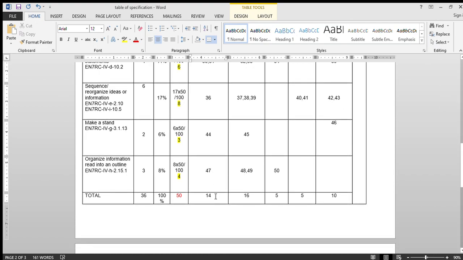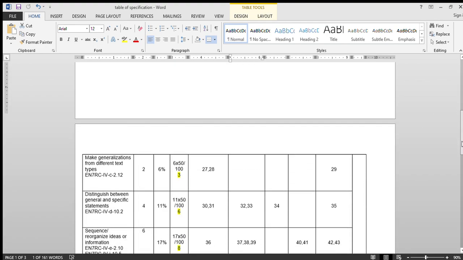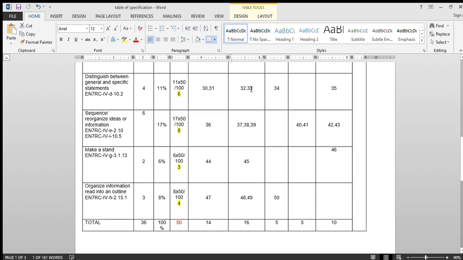Okay, so for the total in this column, in remembering, we have 14 test questions. And for the second column, for understanding, we have 1, 2, 3, 4, 5, 6, 7, 8, 9, 10, 11, 12, 13, 14, 15, 16.